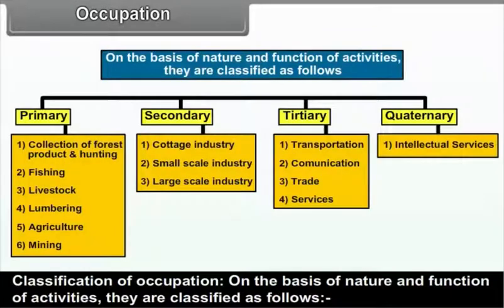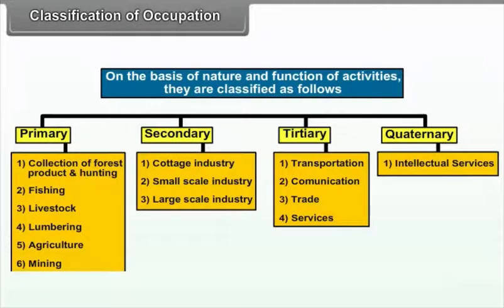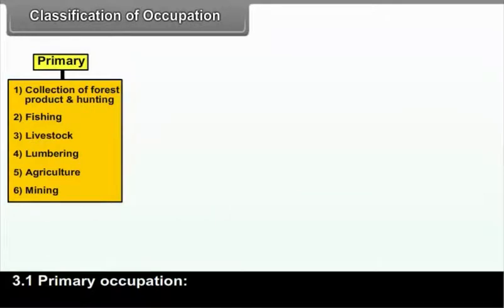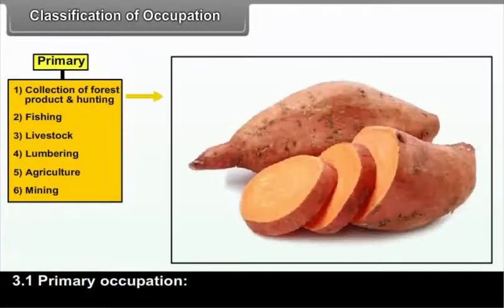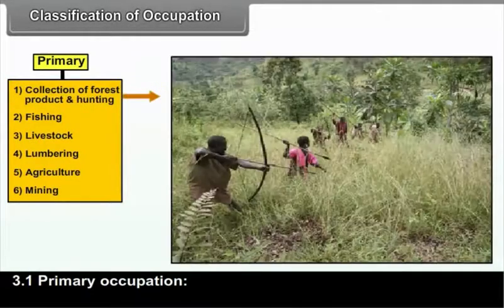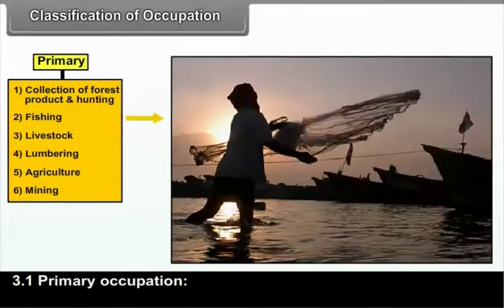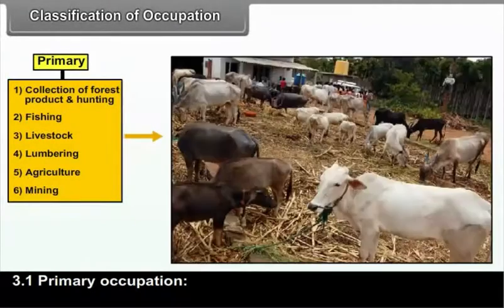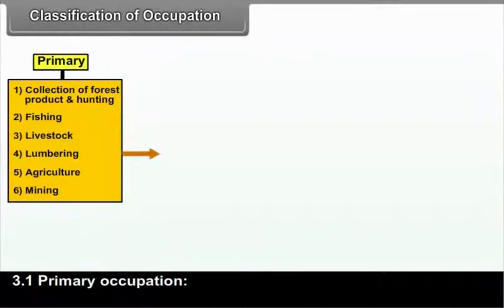Classification of occupation. On the basis of nature and function of activities, they are classified as follows. Primary: 1. Collection of forest product and hunting, 2. Fishing, 3. Livestock, 4. Lumbering, 5.